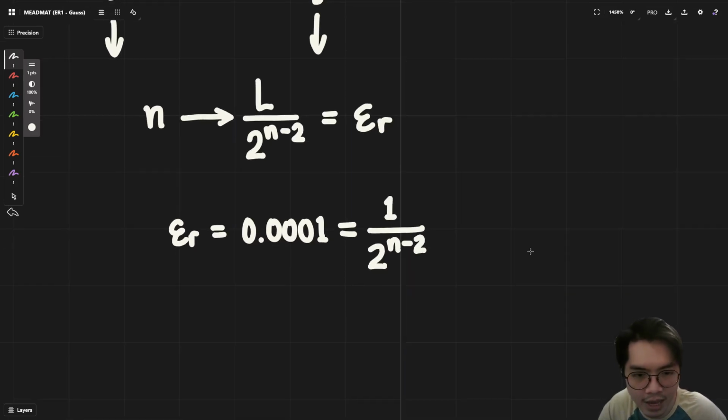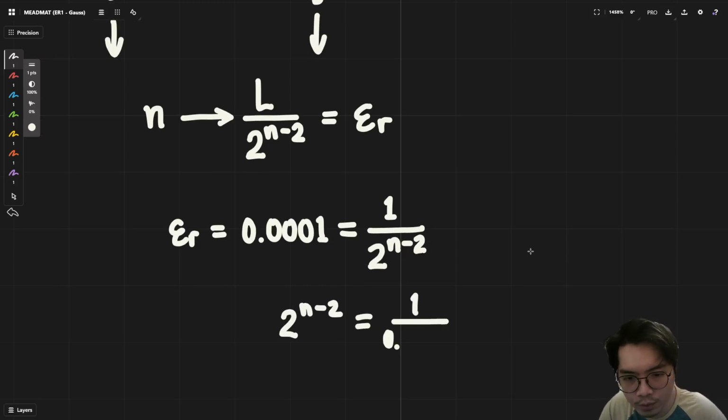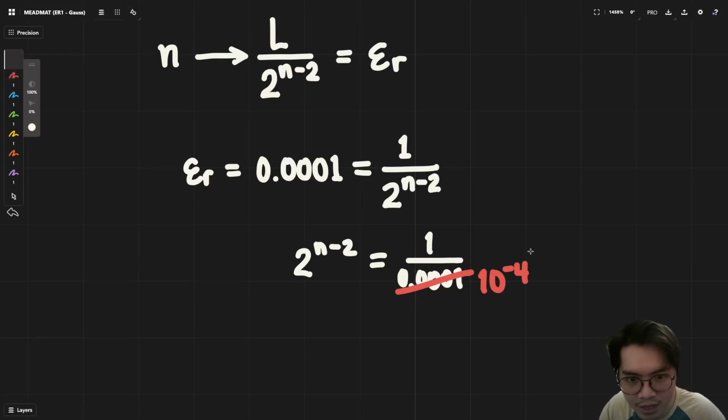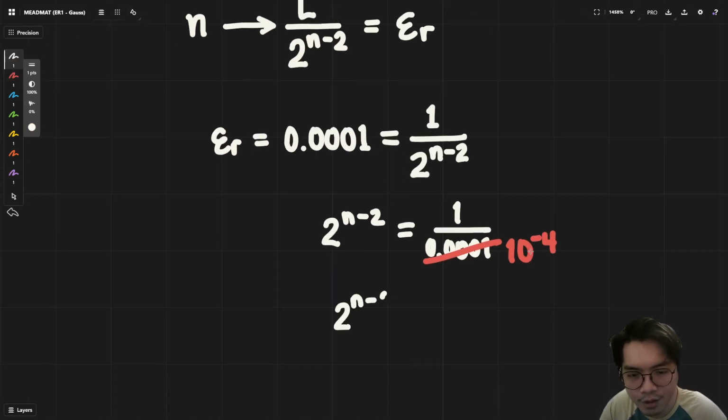So 2 raised to n minus 2 is equal to 1 over 0.0001, which is 10 raised to negative 4. Put that in the denominator and you basically get 10,000, or 10 raised to 4.